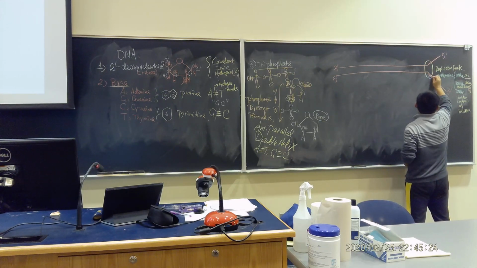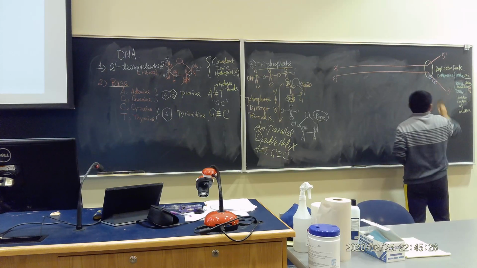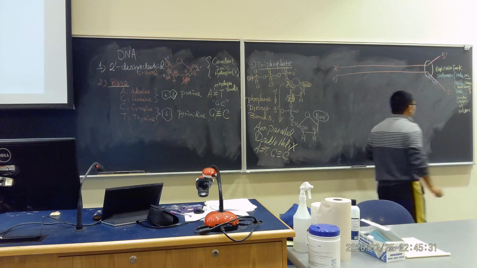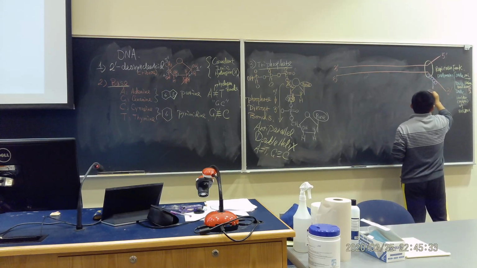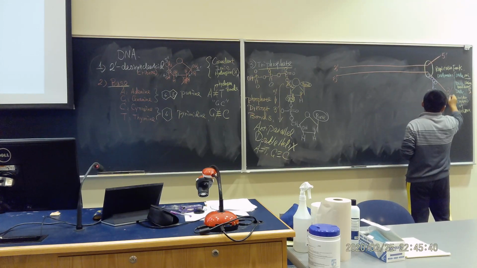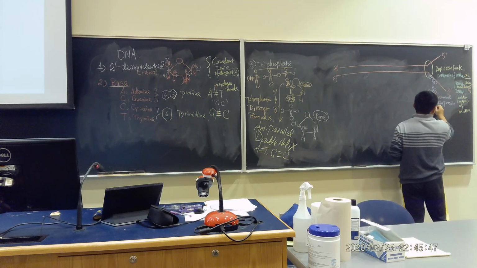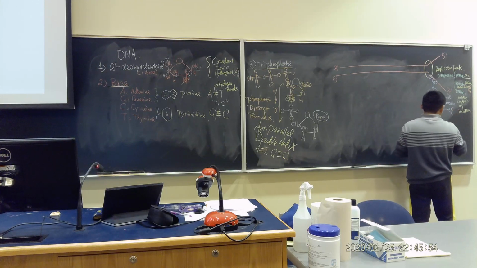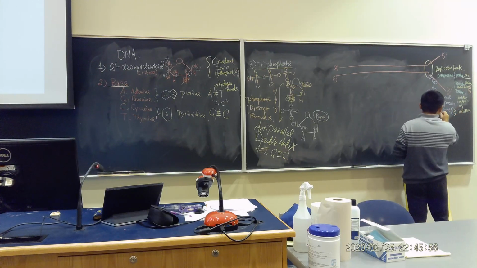So we need to make sure there is something there to stick to the two strands and keep them separated. This is called SSB, single strand binding protein. So what's the function of these? They want to make sure this guy and this guy are separated.